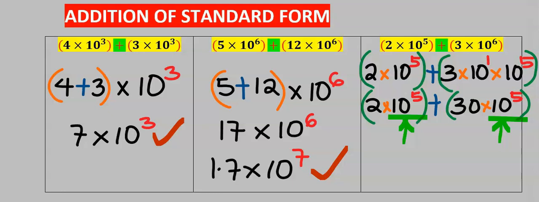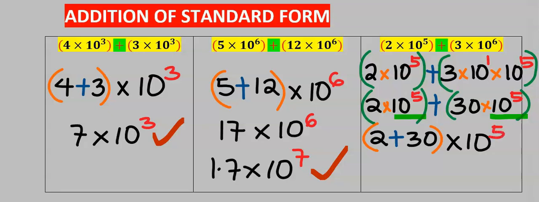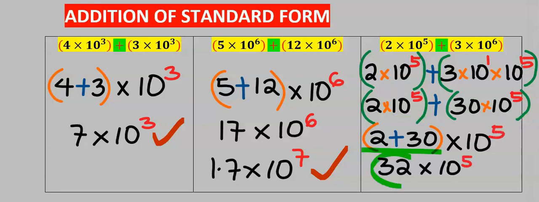Now we can add both standard forms. Next, 2 plus 30. Next, in step 2, since these are the same, I will multiply this with 10 to the power of 5. 2 plus 30 is 32.